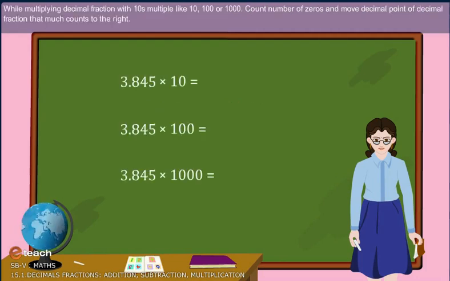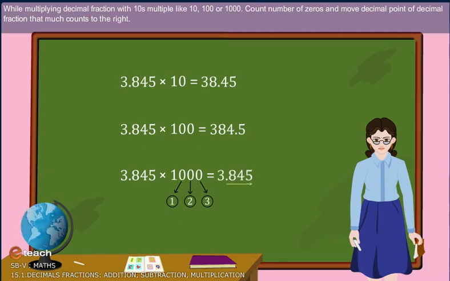While multiplying a decimal fraction with tens multiples like 10, 100 or 1000, count the number of zeros and move the decimal point of the decimal fraction that many places to the right.